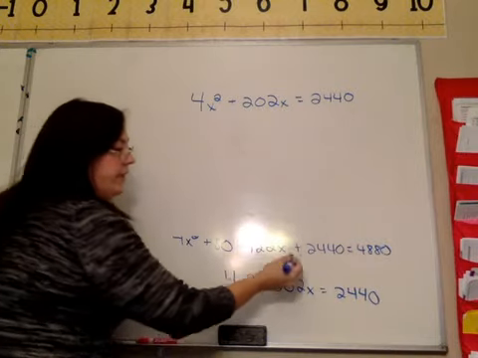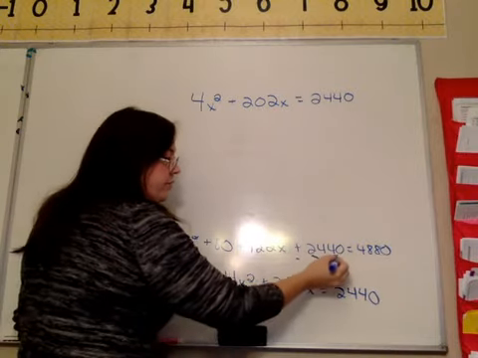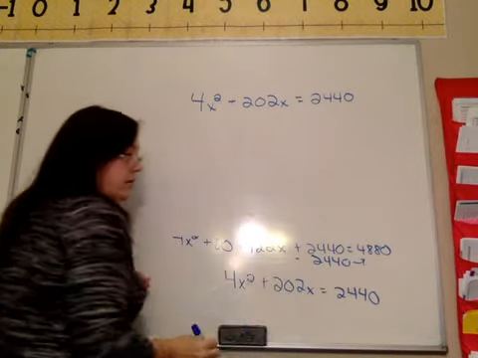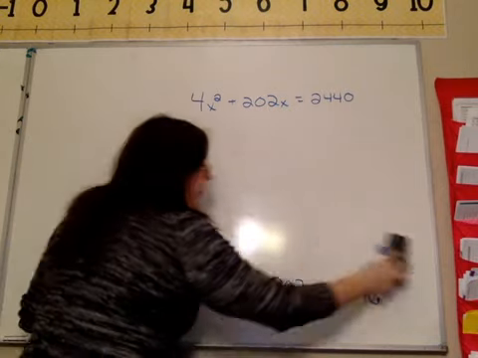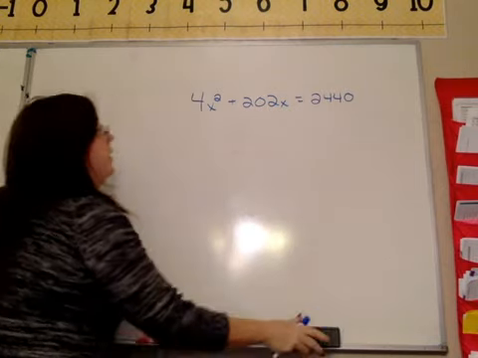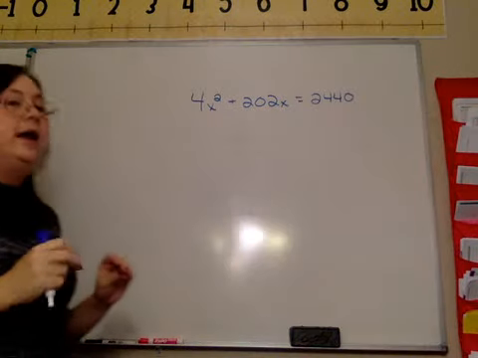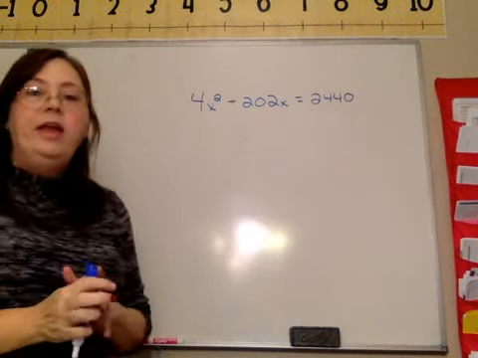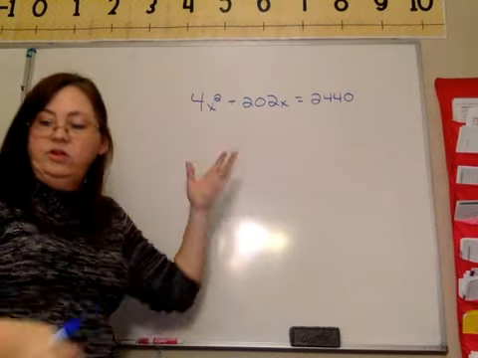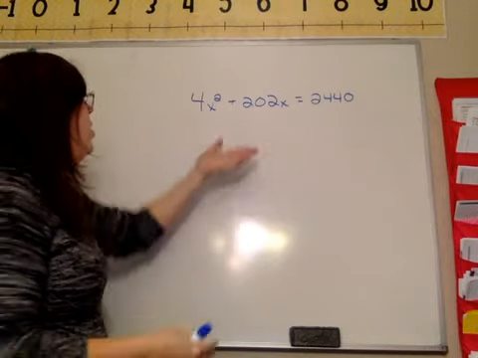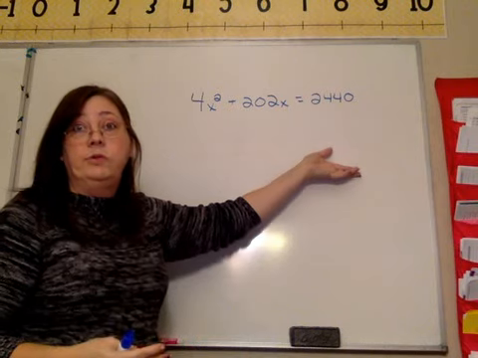I added everything together and I moved my 2,240 to the other side. I undid this and moved it to the other side. I end up with that. Okay, now, couple things. We're still working out this. We're still supposed to be coming down to what x equals. We're a long ways away from being able to figure out what x is equal to.